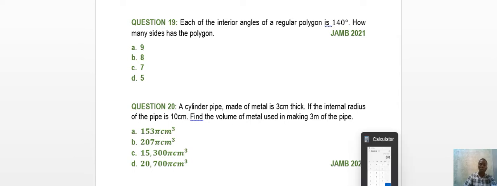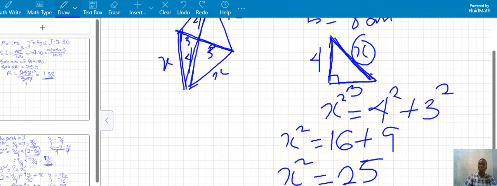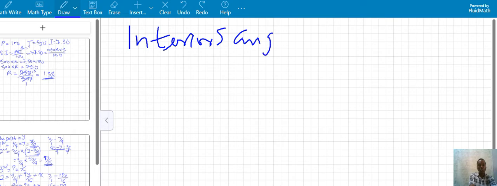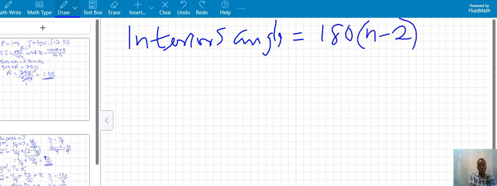Let's go straight to the board and then we'll find out. With those parts in mind, I want you to note this so that whenever you are given anything on polygons, you should be able to solve it. So the interior angle of any polygon is equal to 180 into bracket n minus 2, all over n.